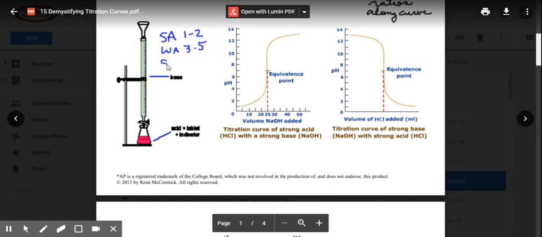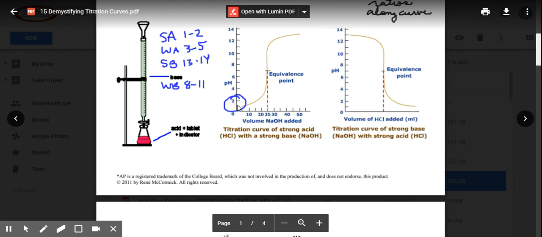Strong bases have a pH of around 13 to 14, and weak bases have a pH range of about 8 to 11-ish. So what I can do is look at the very beginning pH, and that tells me what my analyte is.